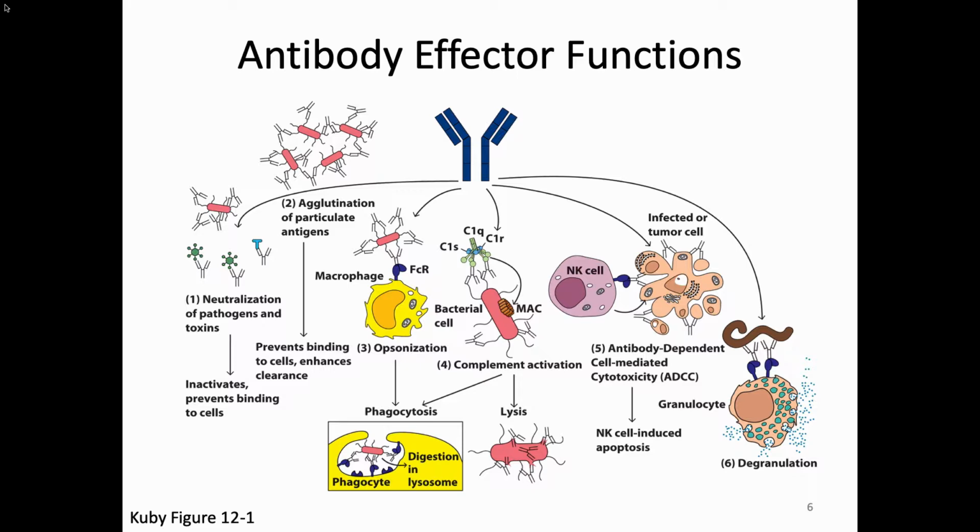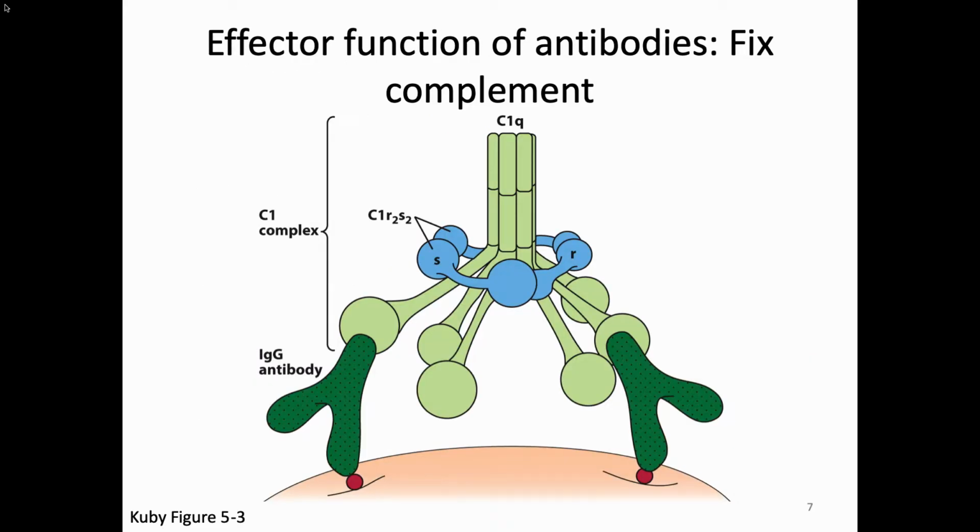So, have we seen antibodies anywhere in the course thus far? Yes, Mark. Complement. Remember when we learned about the classical pathway of complement? The first step of the classical pathway of complement was antibody binding. So one of the effector functions of antibodies is that they can start complement.